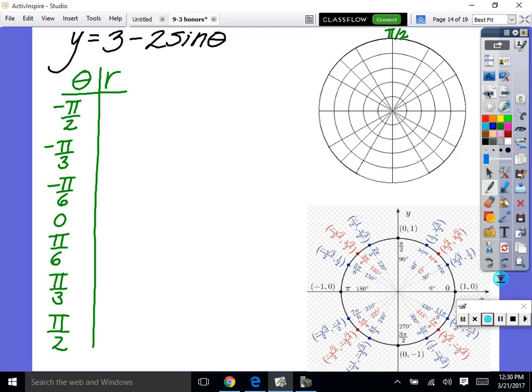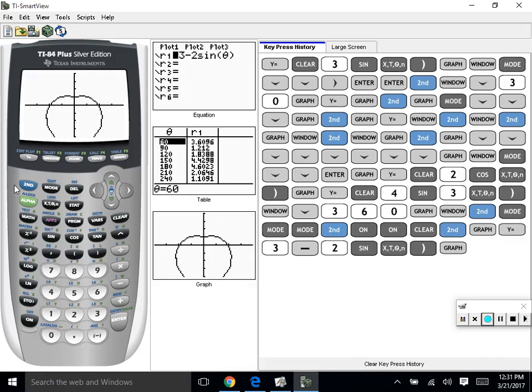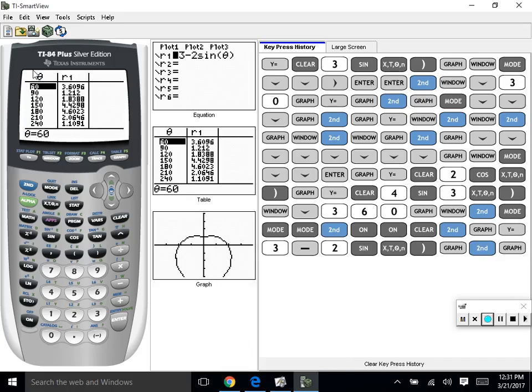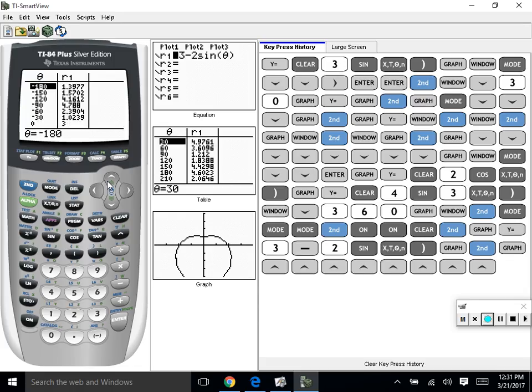So -90 degrees, where are we at? Tell me. -60. So your calculator's giving you this. Remember, second table? See? Because you didn't type it in right. Nope, you didn't. Just kidding. Here we go.